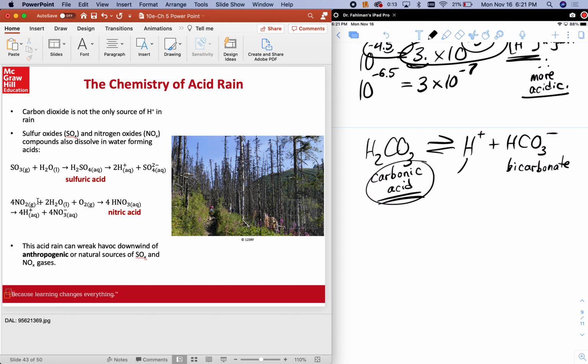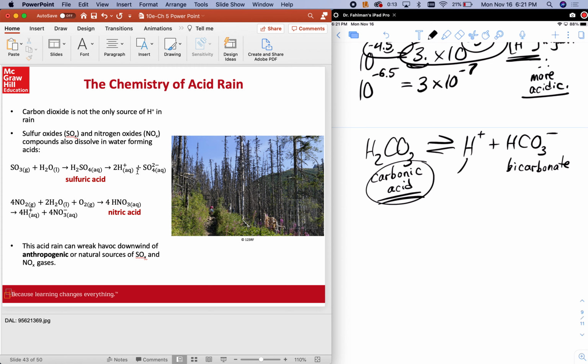And then let's say another one is nitrogen dioxide. And if you react that in water, you can get nitric acid. Okay, and that again is a strong acid. And so this can wipe out forests, or damage the clear coat finish on your automobiles, things like that. So these concentrations are really dangerous for acid rain.